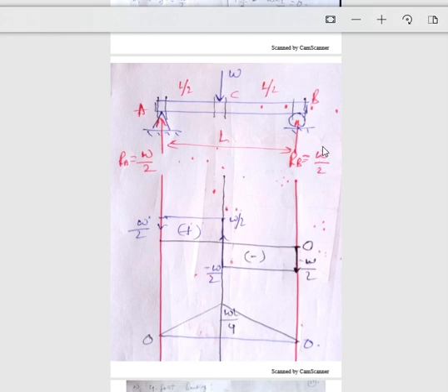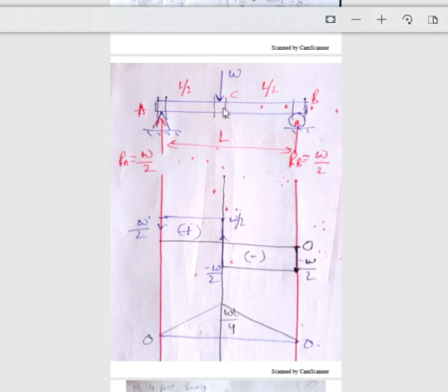Force is W by 2 and distance is L by 2, so it will become W by 2 into L by 2, which is WL by 4. So at this section the value is WL by 4. From 0 I am going to draw a line like this, with WL by 4 having some positive value. I am taking this point at a random height and joining these two points.